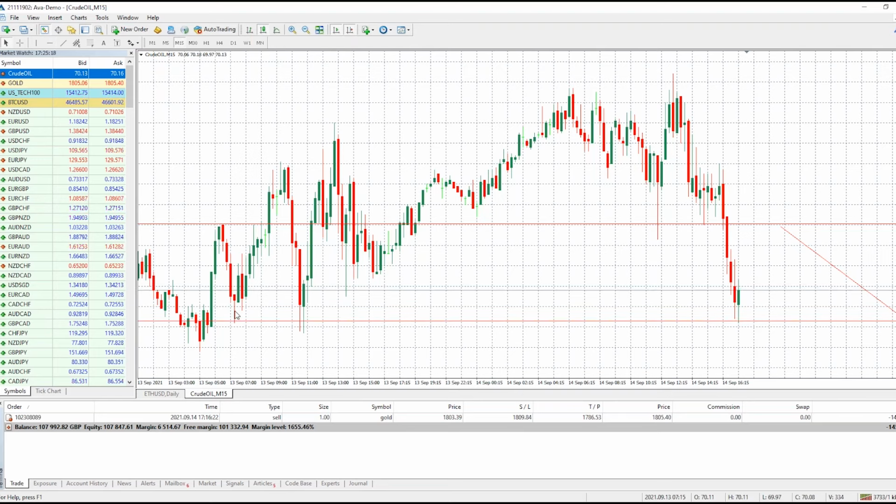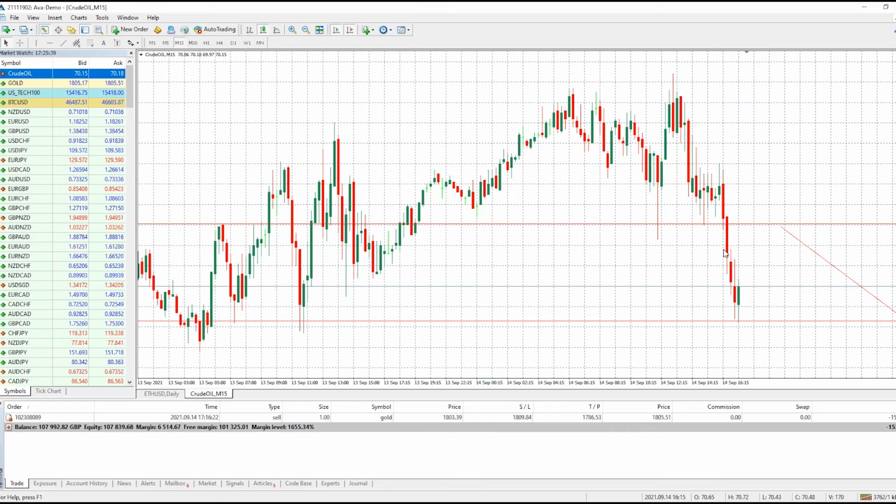We see the 15-minute candles: support, up, support, up, and now it came down to that same price and bounced. It very well could break the support and keep on dropping, but if it bounces up to this resistance level, that's a more opportunistic price if you're thinking about shorting oil.